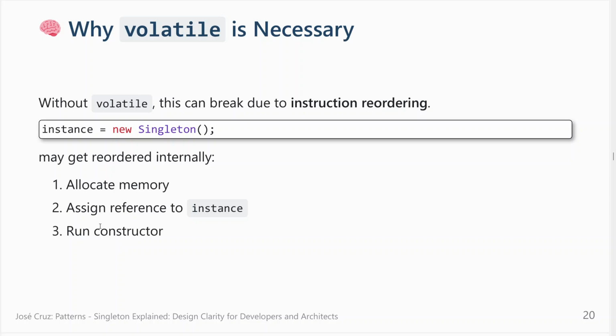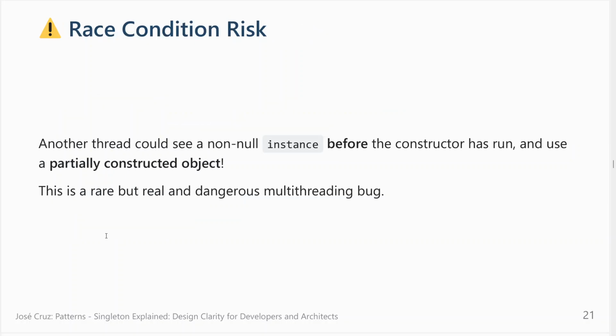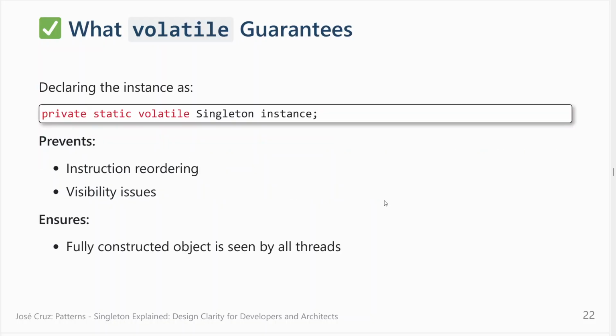This statement generates 3 different statements. And if you remember, you can have multiple threads here, multiple threads here, and multiple threads here. It can be a problem. That's one of the reasons to use volatile and to synchronize when it's necessary. This is a rare, but real and dangerous multi-threading bug. That's something that exists, and volatile is the word to use.